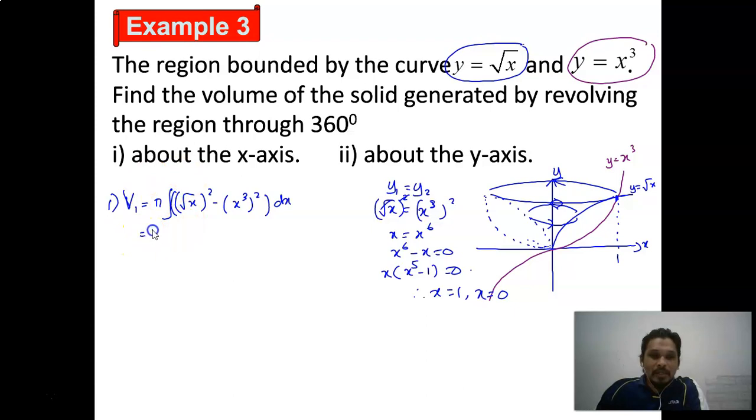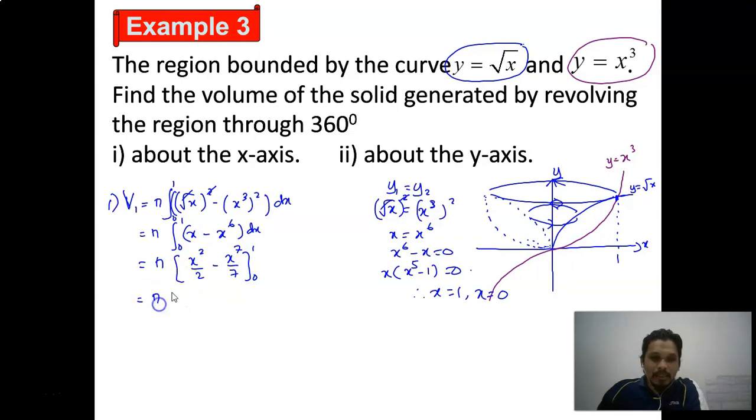Now pi, between these two curves, from 0 until 1. Between this curve, square it and we get x here, and then this one, x to the power of 6, dx. Pi, and integrate: x squared divided by 2 minus x^7 divided by 7 from 0 until 1.